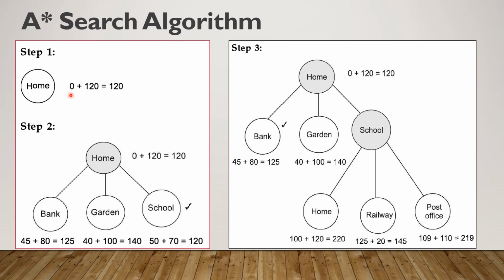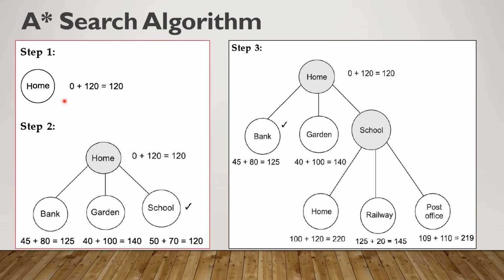You can remember this point. Even if the values are not given in your exam question paper, you can take g of n as 0 at the initial point, and h of n as 0 at the goal point. So for home, the value is 0 plus 120, so f of n is equal to 120.